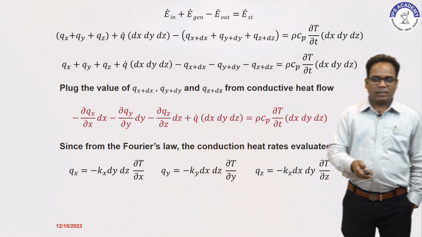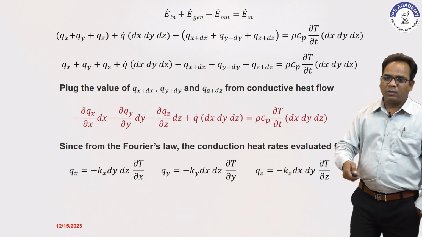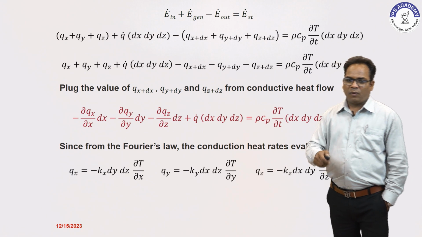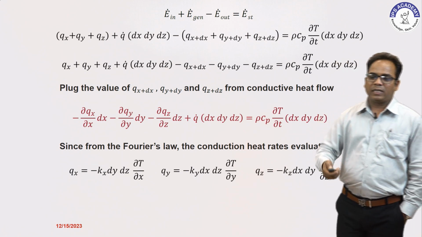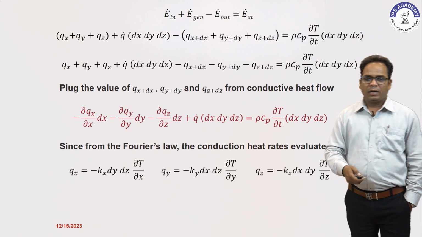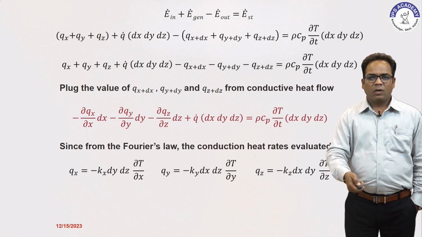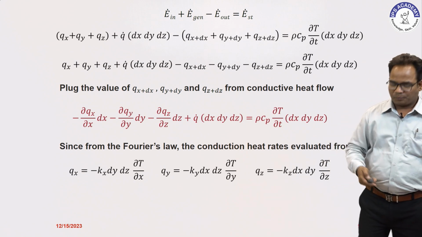For this case the area is dy into dz, and dz into dx for the heat flow in the y direction. Similarly for the z direction, dx into dy is the area. So we have to substitute the values of qx, qy and qz over here.